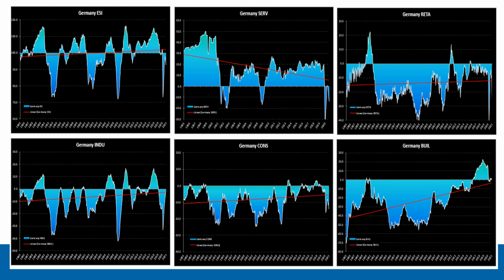So the service sector was definitely contributing more positively to the German ESI than German manufacturing coming out of the financial crisis, which would surprise many because in many people's minds, Germany's a big manufacturing hub. That's true. But the service sector is extremely strong as well in Germany.